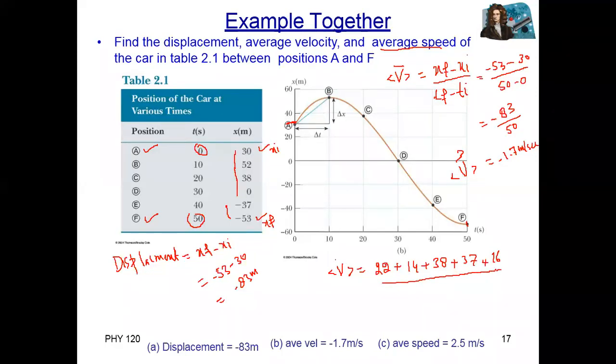Divided by total time taken, so time is from 0 to 50, it means 50. So total distance covered divided by total time taken. If you add 22 plus 14 plus 38 plus 37 plus 16 equal to 127. 127 divided by 50 is 2.5 meter per second.